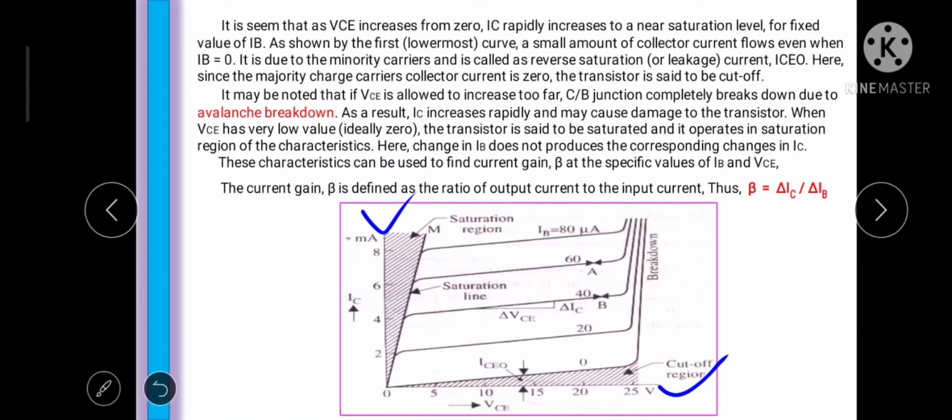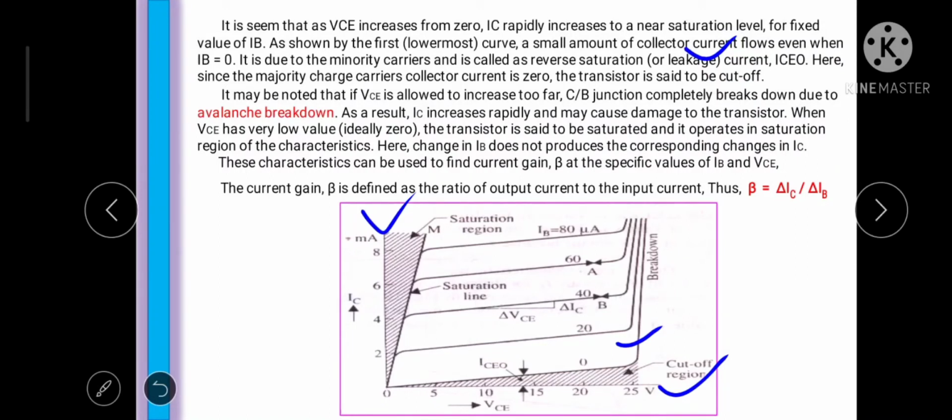As shown by the first curve, or we can say this lowermost curve, a small amount of collector current flows even when the base current IB equals 0. Actually, this small amount of current is due to minority charge carriers and it is called reverse current or reverse saturation current, or even reverse leakage current, ICEO.